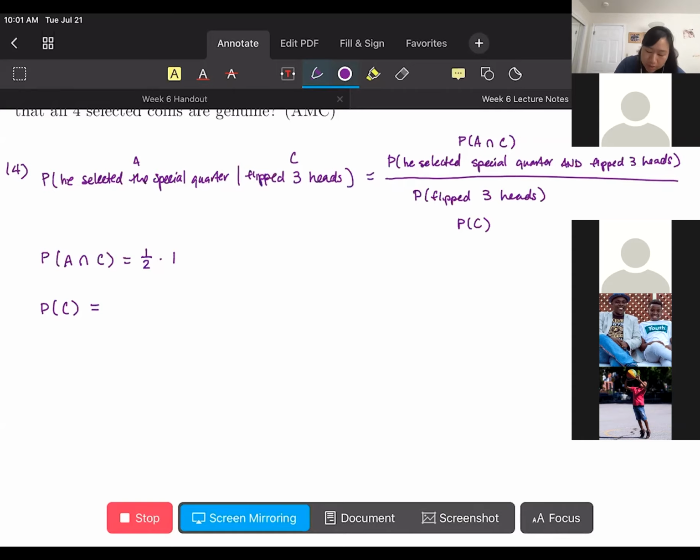So the probability that he flips 3 heads, we could do this using casework. So there's sort of case 1 where he selects the special quarter. And case 2 is he selects the regular quarter.